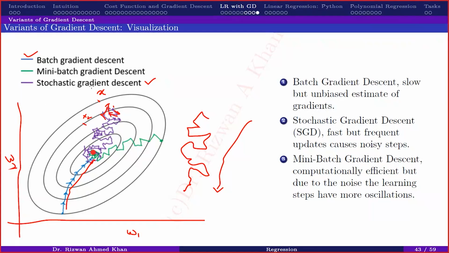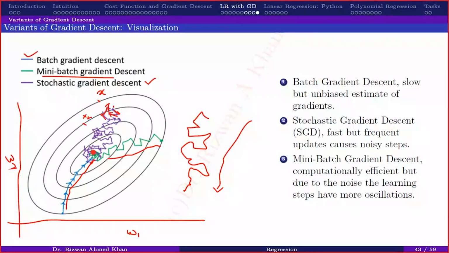And the middle point, or trade-off, between batch gradient descent and stochastic gradient descent is the mini batch gradient descent algorithm, which is given in green. It oscillates less than the stochastic gradient descent algorithm, but more than the batch gradient descent algorithm. In mini batch gradient descent, instead of updating after every example, it updates, let's say, after n examples. So if you have 100 examples, the algorithm makes mini batches of, let's say, 20 examples.